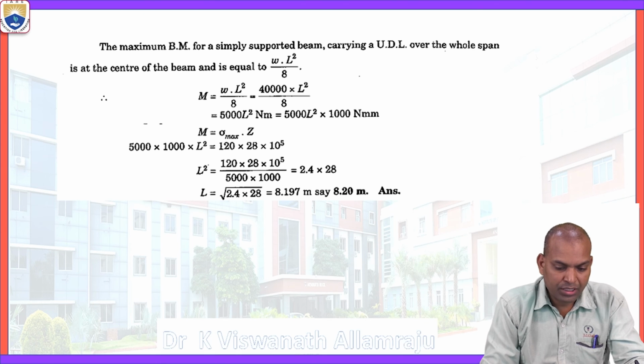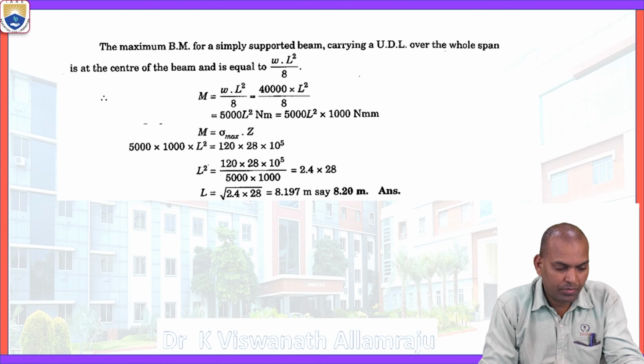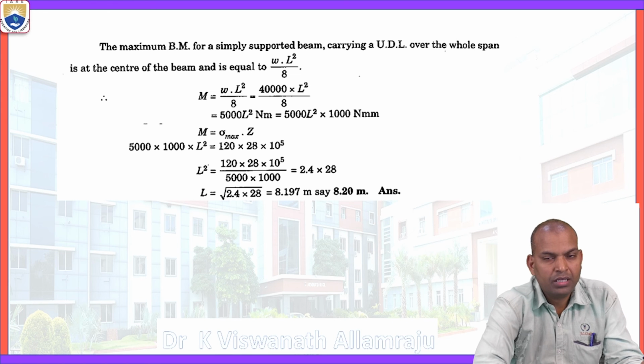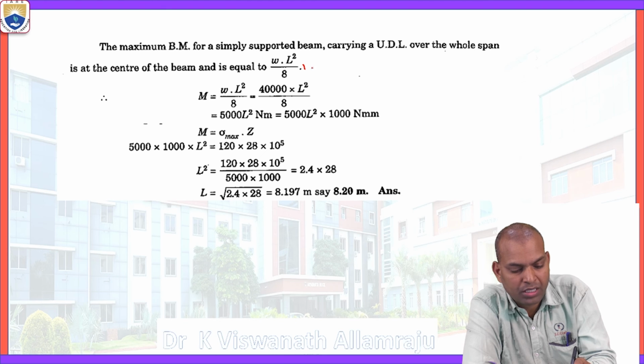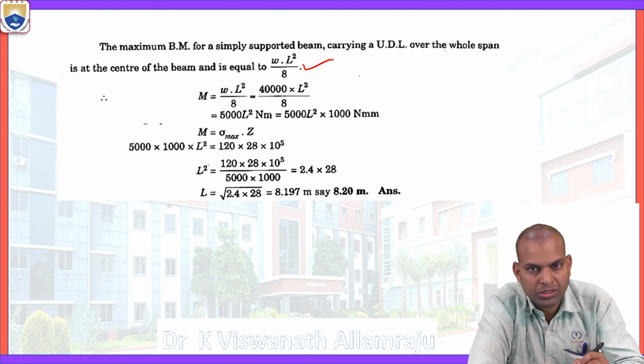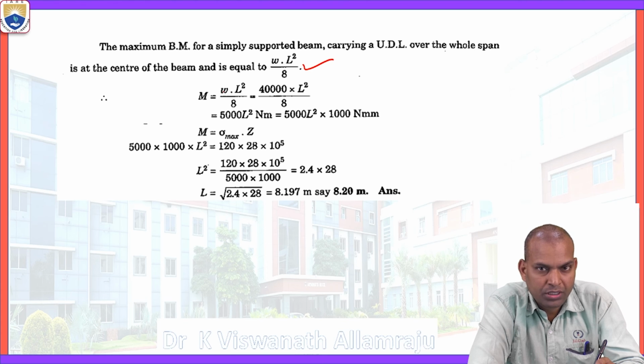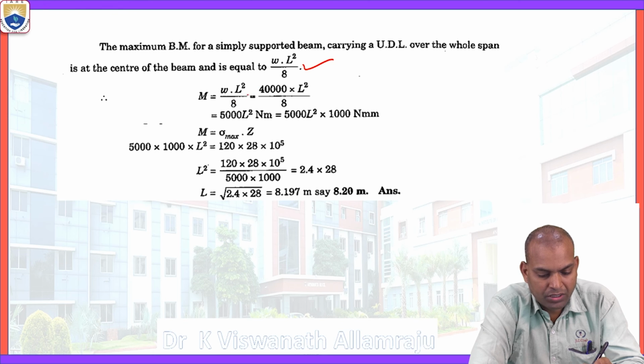Now the maximum bending moment for a simply supported beam having UDL over the whole span is WL square by 8, where small w is the uniformly distributed load. So small w is 40,000 Newton per meter, and M is 40,000 L square by 8.